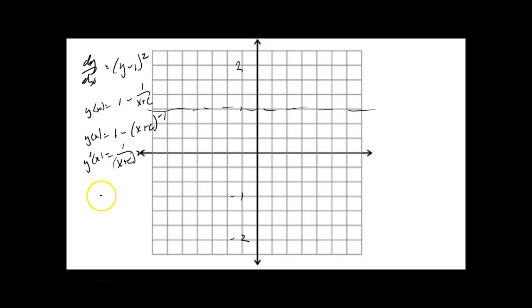And y minus 1 would be minus 1 over x plus c, and square that, and you get 1 over (x plus c) squared, and that's exactly what you got here. So these two are indeed true. That is a solution for it.